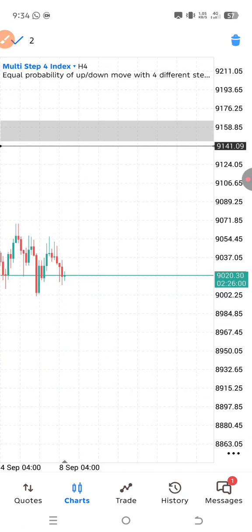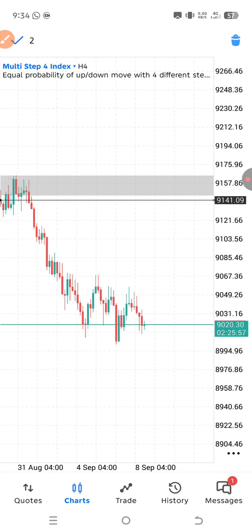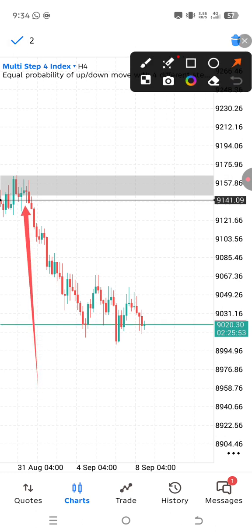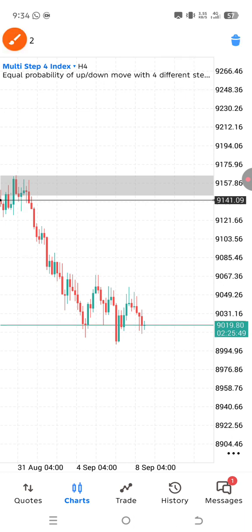The current order block we have here is this last one. This last bullish candle you are seeing is our bearish order block.